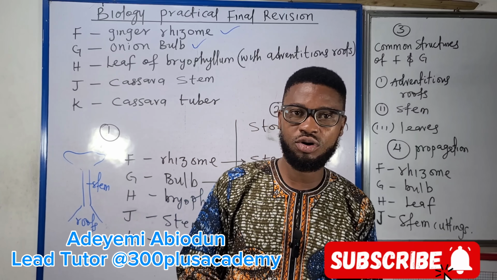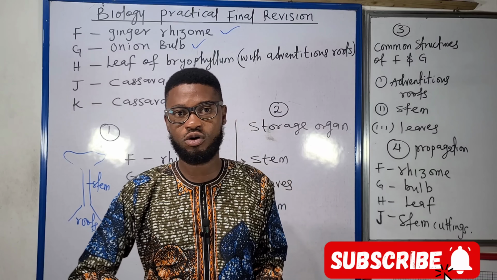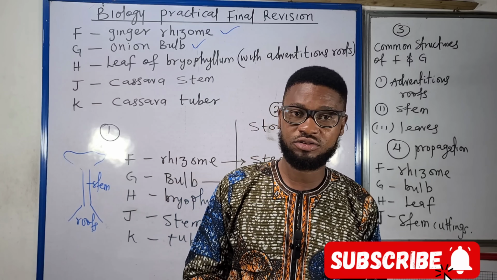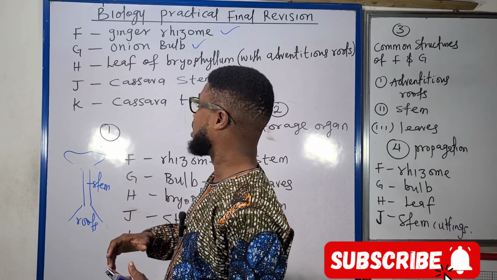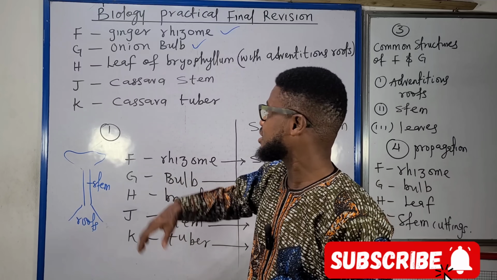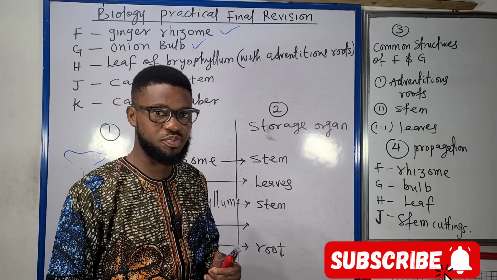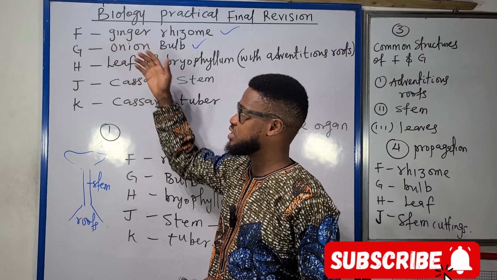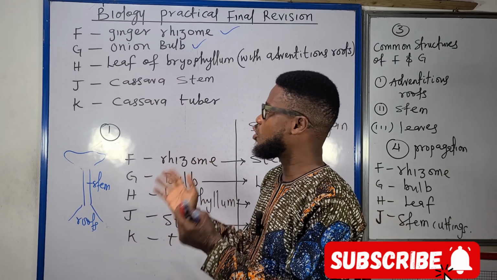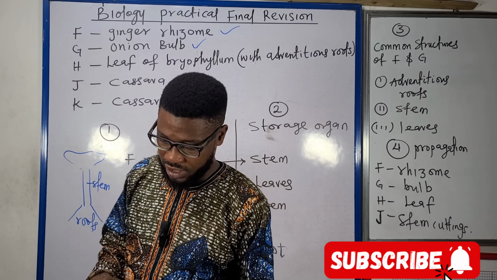Still on the business of WAEC 2024. This time around, talking about biology practical, the fast approaching biology practical. Having looked at specimen A to E, when we look at the list of specimens, specimens F, G, H, J, and K fall into another category of specimens.